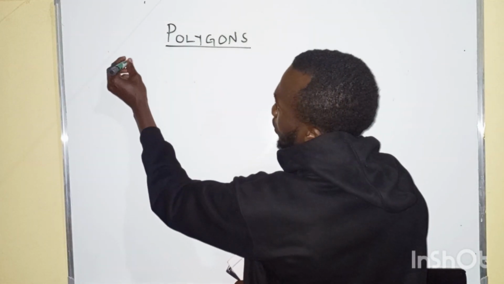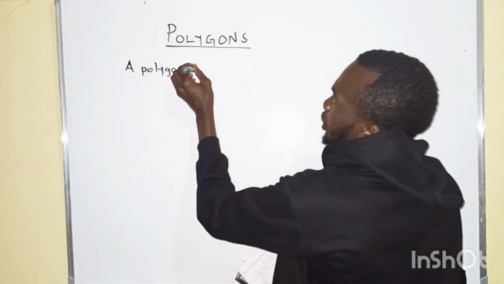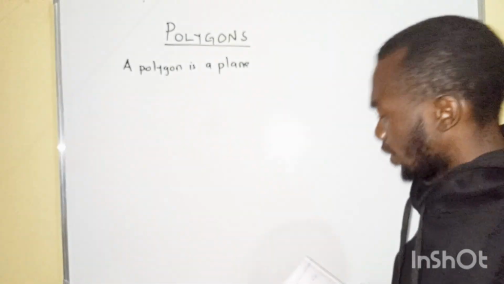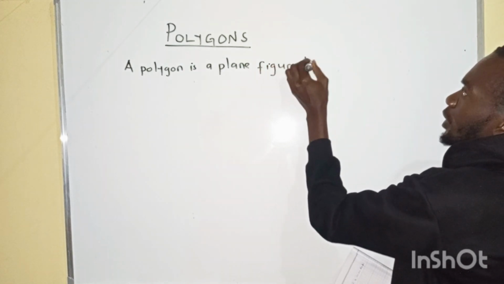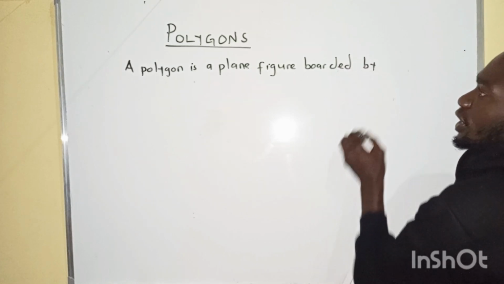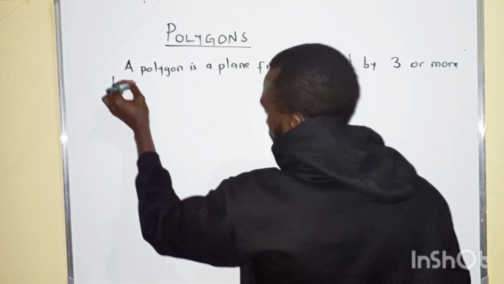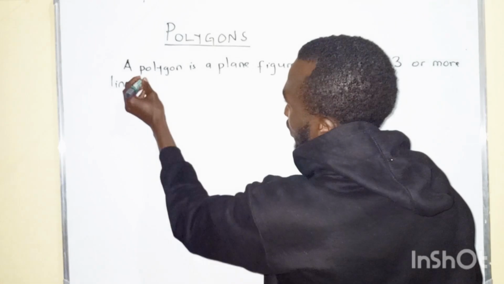A polygon is a plane figure bordered by three or more lines, and these lines must be straight lines.